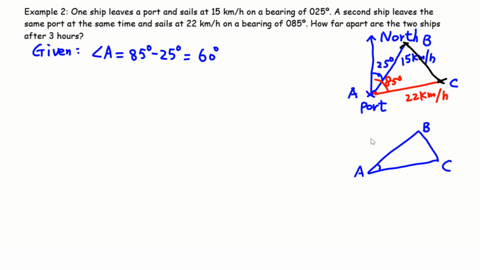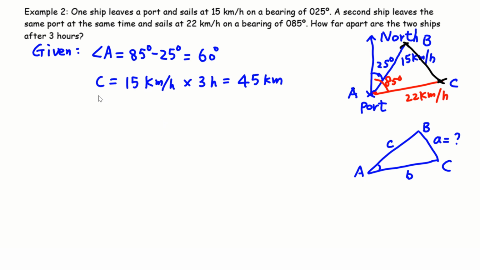And after that, we want to find the small letters b, c, and a. Side a is how far apart. The speed times time gives you the distance traveled, 3 hours. Then we are going to have 45 kilometers.